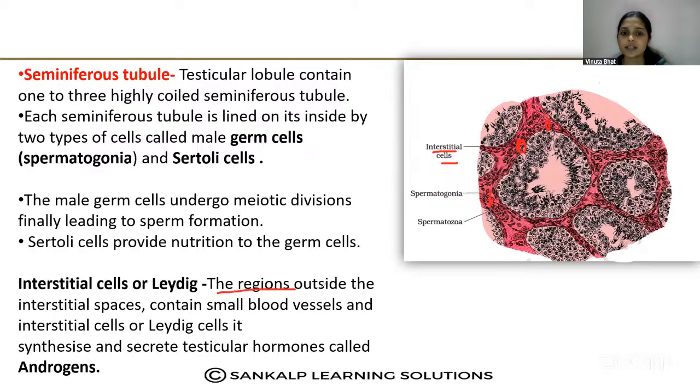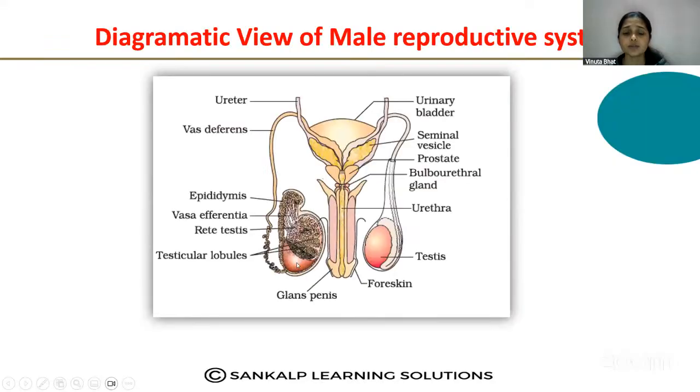The regions outside the seminiferous tubules contain small blood vessels and interstitial cells called Leydig cells, which secrete hormones called androgens. You have to remember the functions of the spermatogonia, Sertoli cells, and Leydig cells. Then, this is the diagrammatic structure of the male reproductive system.